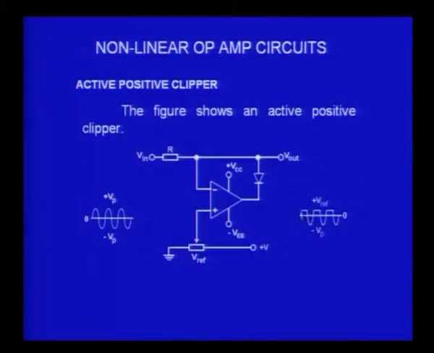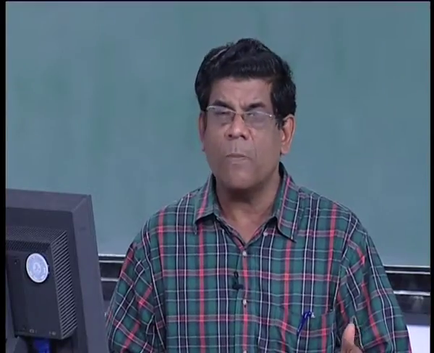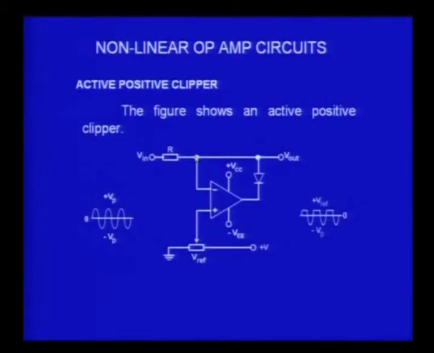Initially you should get a half wave rectified signal, but if I now maintain this terminal at some voltage different from 0, for example plus 2 volts, then until the input reaches plus 2 volts, the diode conducts and the output goes straight there.